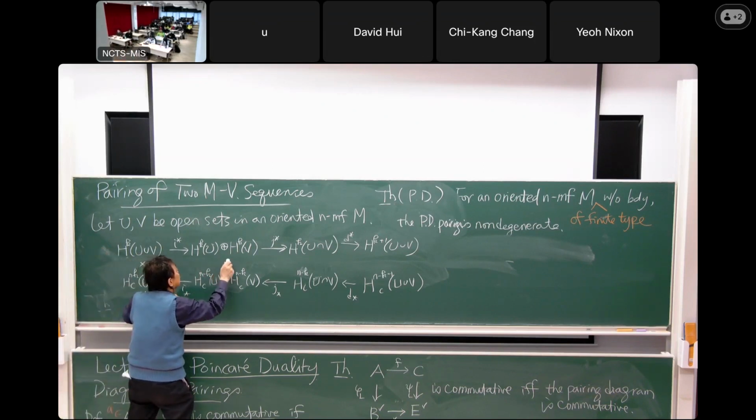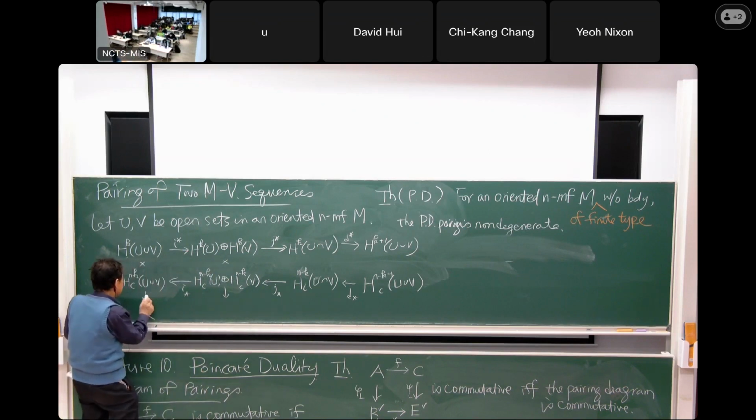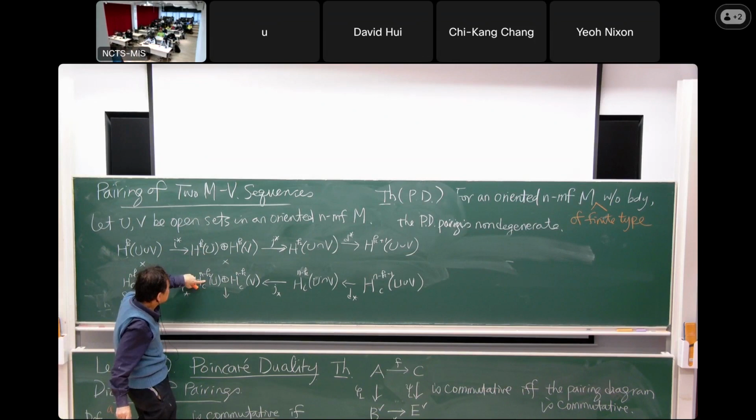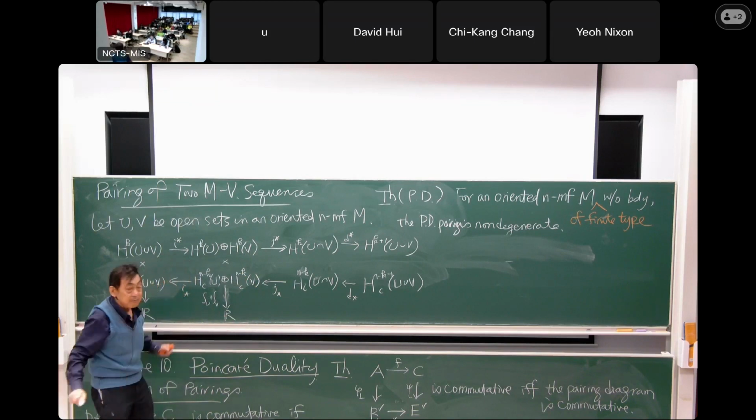Now, the way you pair them is you integrate over the union, okay? Now you can pair this factor with this factor, so you integrate over U, and here you integrate over V, and then you get two real numbers, you add them, then you get a real number.